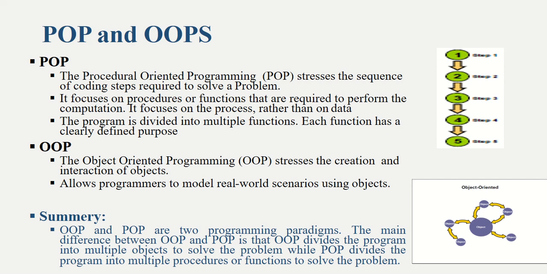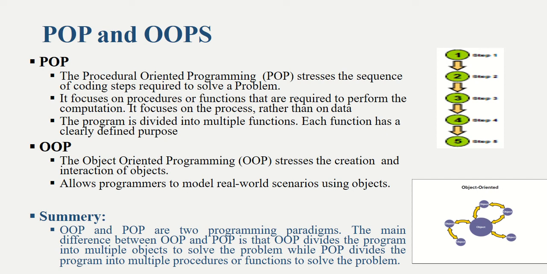When we talk about POP, we're thinking about steps 1, 2, 3, 4, 5, 6, 7, and so on. So we're talking about a sequence of steps that need to be performed in order to solve some problems. Now the main focus in POP is a procedure, or what we call functions.